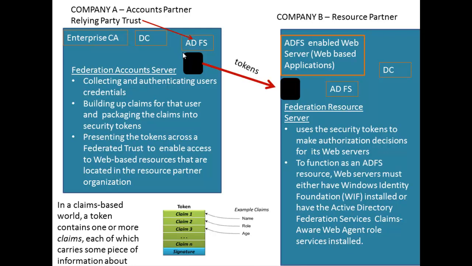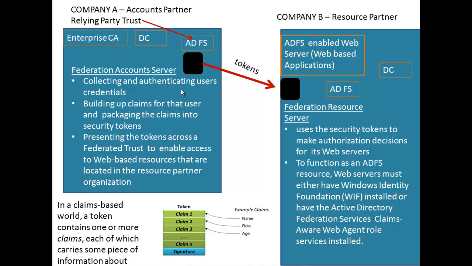The Active Directory Federation server in Company A is the server that is going to issue the tokens to Company B. So it collects and authenticates the user's credentials. It builds up claims for that user and packages the claims into what we call a security token.